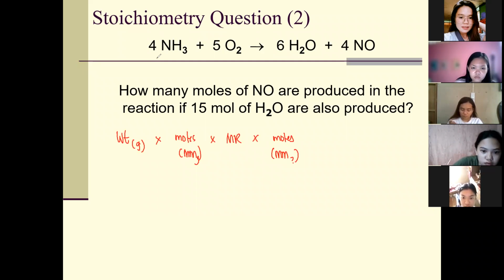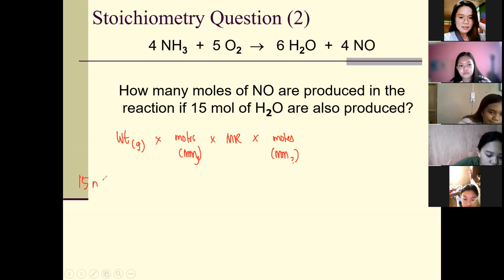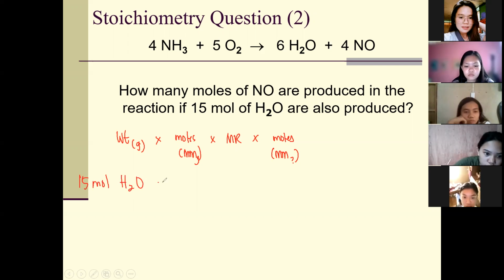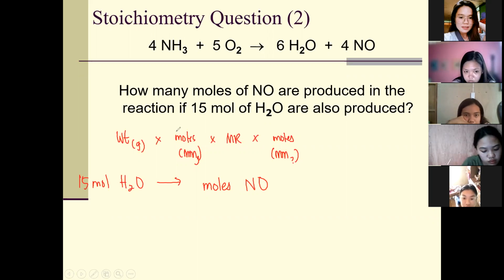Sige. So let's identify what is asked again in the problem. You have there 15 moles of water. And what is asked in the problem? Moles of nitrogen monoxide. So this is still moles to moles.